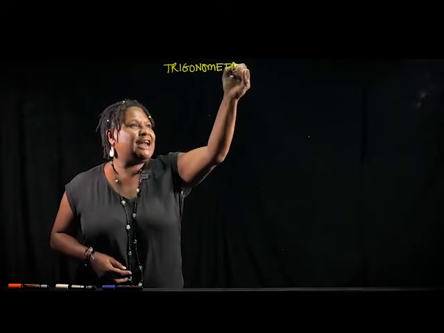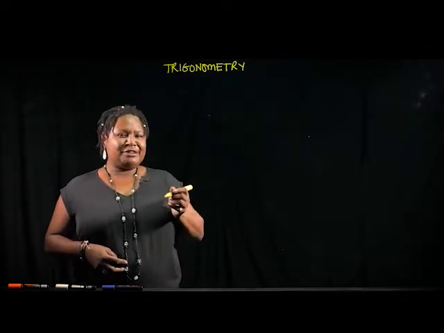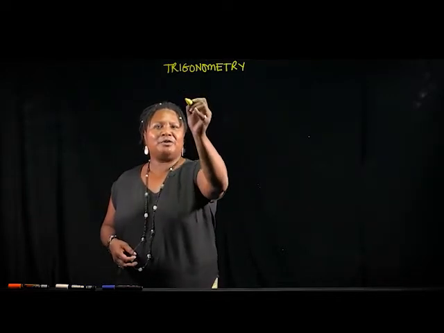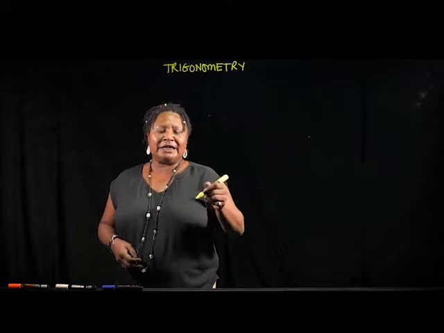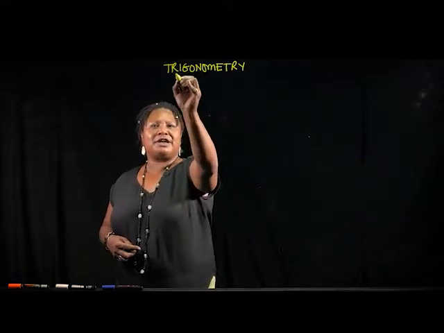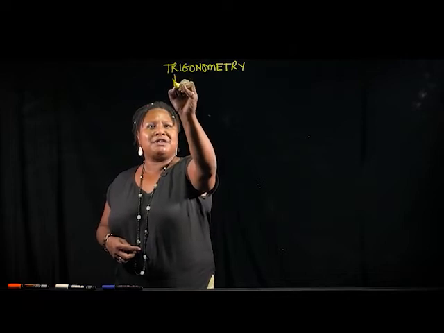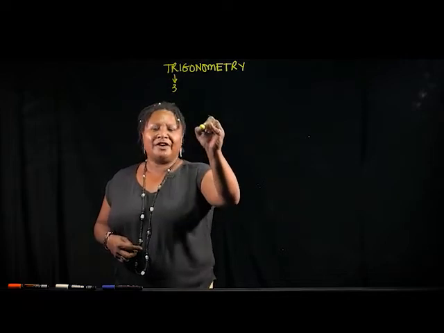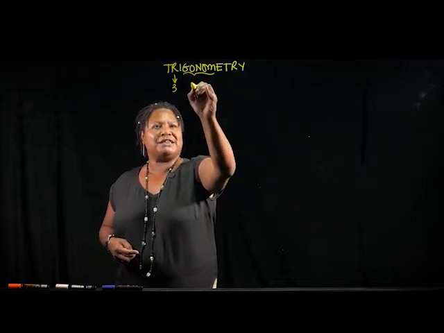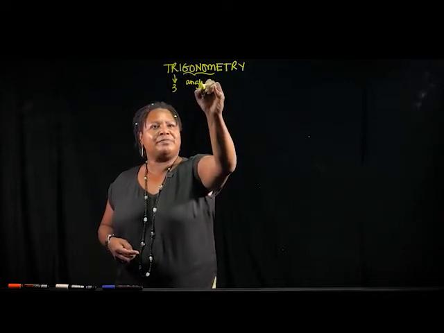Now, this is another word that is derived from the Greek language. Trigonometry is simply 3 Greek words put together. The first Greek word is tri, which means 3. Gonia, which is this part of the word here, means angles.